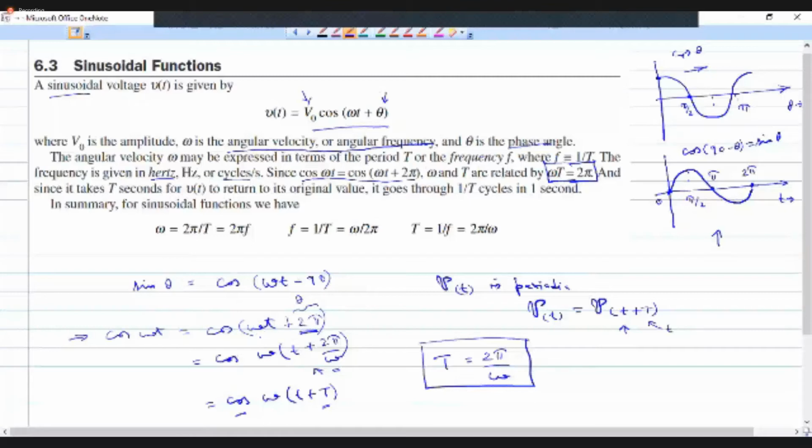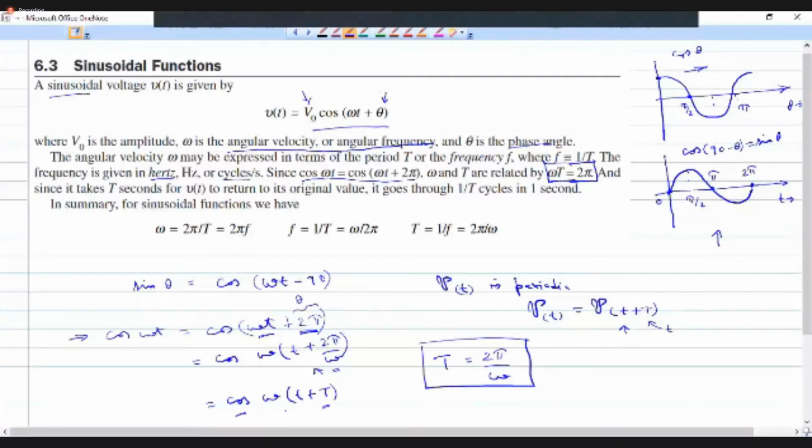So omega t is having that angle. So when you take out omega, what remains is the time period. So you take omega common out of this, so we will get radians divided by omega, radians per second. So you will have the dimension of this as time, or unit is seconds.